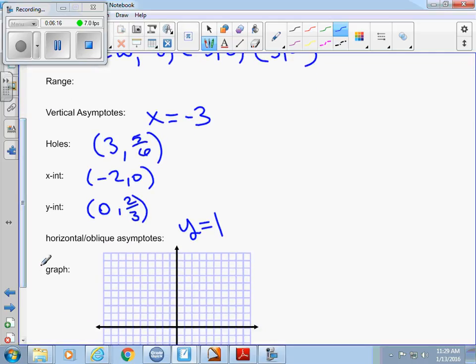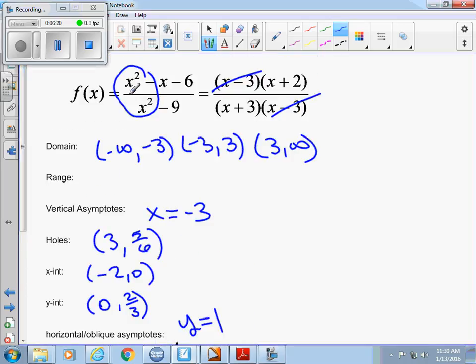How'd you get the y? Well, it's the ratio. This one is x squared over x squared, so it's 1. If it were 5x squared over x squared, then it would be 5. If the bottom is bigger, then the bottom's getting big. Right. It's none because it doesn't level off to a single number.